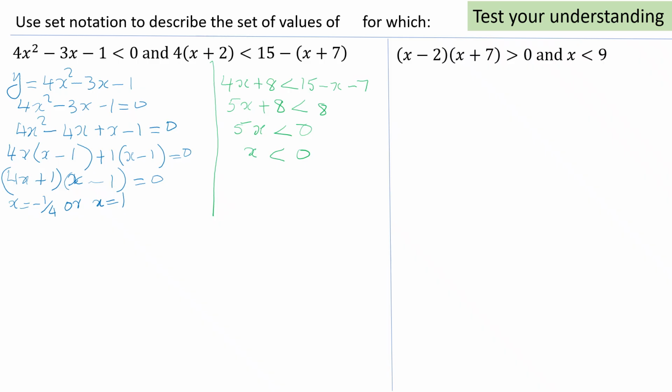Now mark this one in a graph. 0, minus a quarter, 1. And when x equals 0, y equals minus 1. So it's minus 1. So the graph.